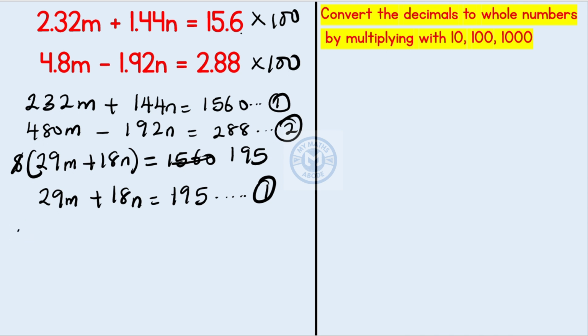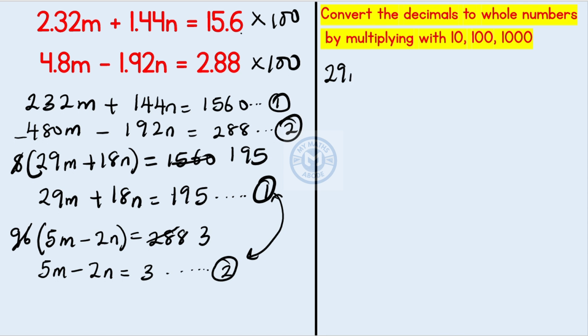What they have in common is 96. 96 here will reduce 480 to 5m minus 192 will be 2n is equal to 288. So when this is divided, I will have 29m plus 18n is equal to 195 and 5m minus 2n is equal to 3.